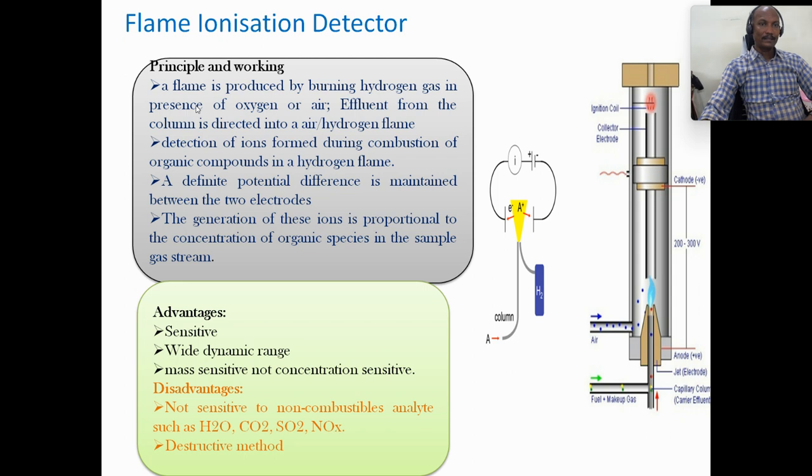The detection is of ions formed during the combustion of organic compounds in a hydrogen flame. A definite potential difference is maintained between the two electrodes. The generation of these ions is proportional to the concentration of the organic species in the gas stream. What are the major advantages? It has the advantages of sensitivity and a wide dynamic range, and it is mass sensitive with a wide concentration range.